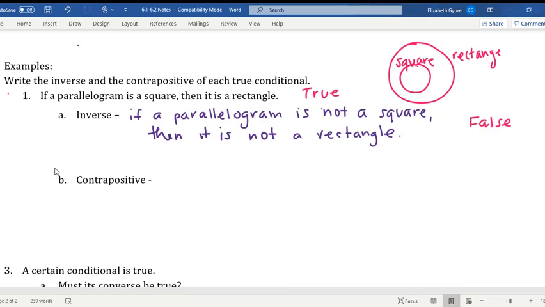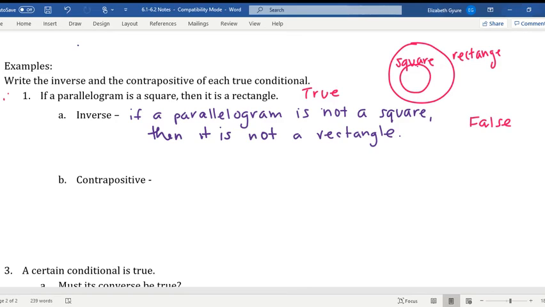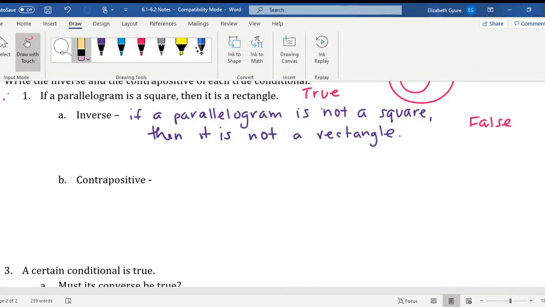And then contrapositive, that is if not Q, then not P. Who thinks they can tell me how we would write this statement? Julia, what do you think? Yep, exactly. If a parallelogram is not a rectangle, then it is not a square.